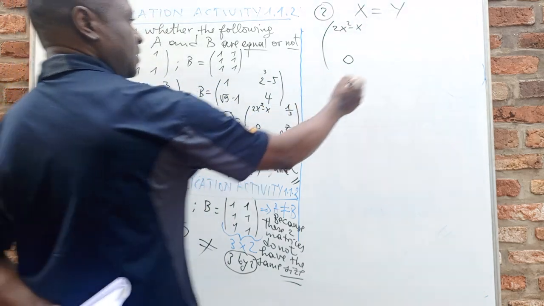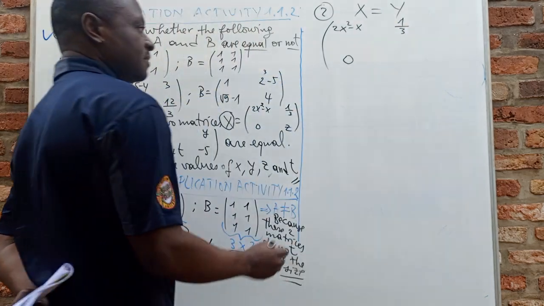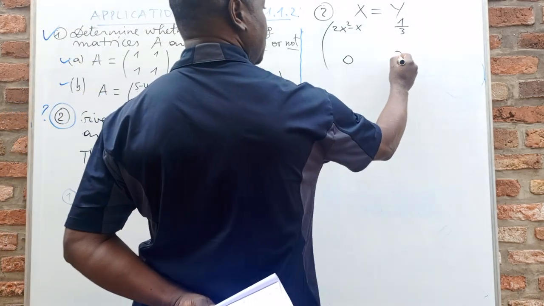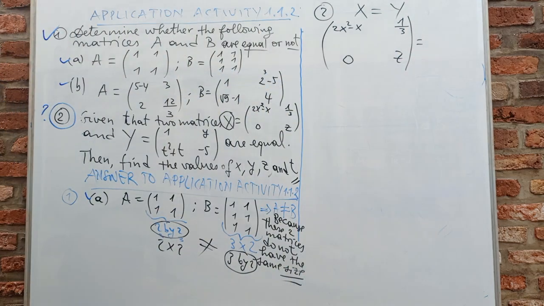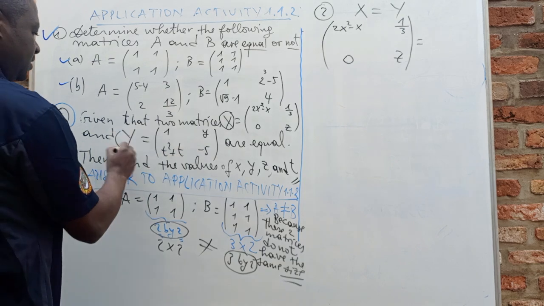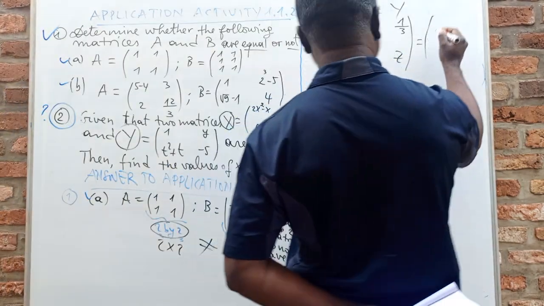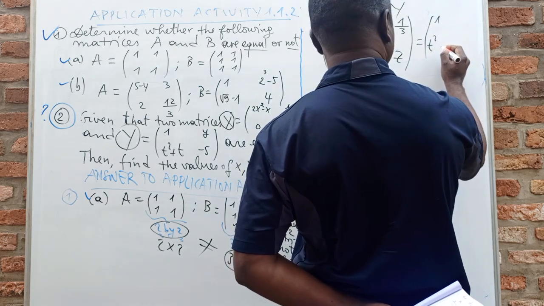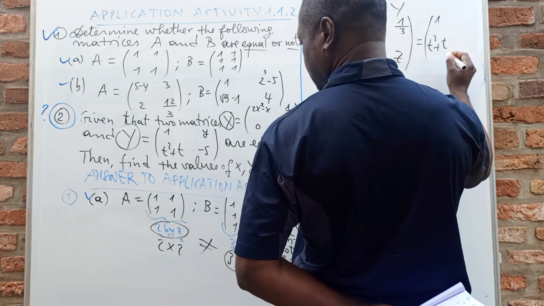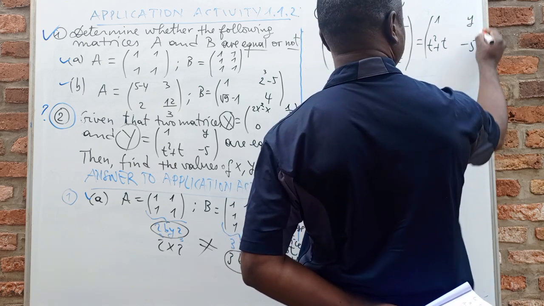In the second column, we have 1 over 3 and z. That is matrix X. For matrix Y, the first column is 1, t squared plus t, and then y and negative 5.